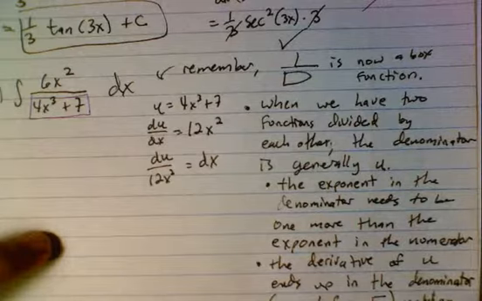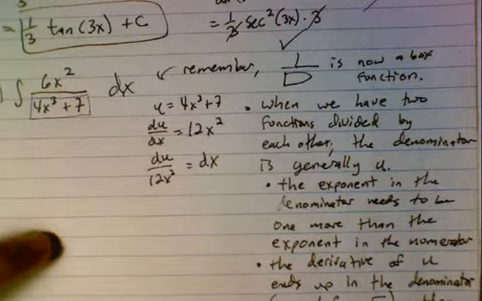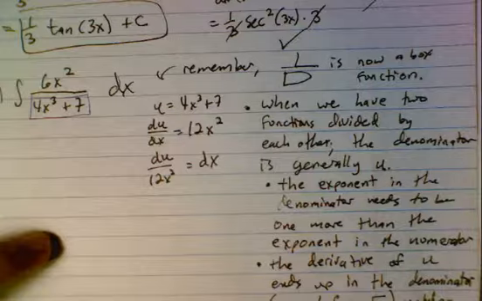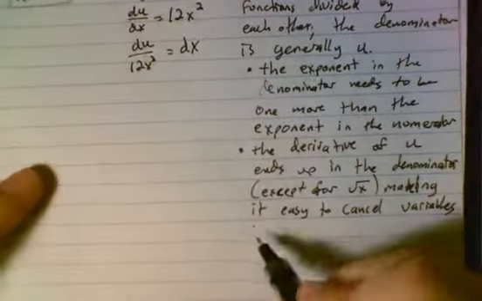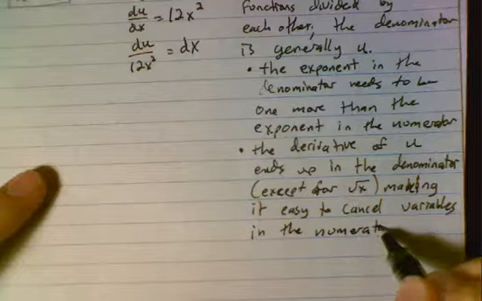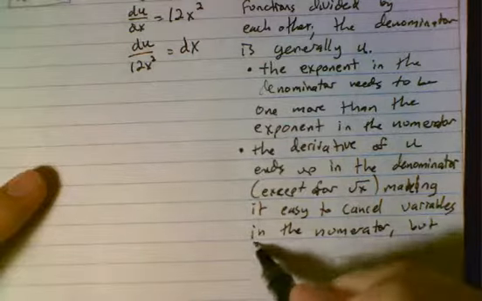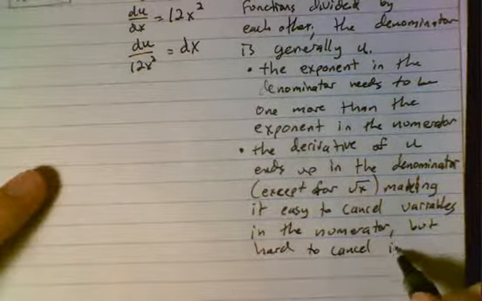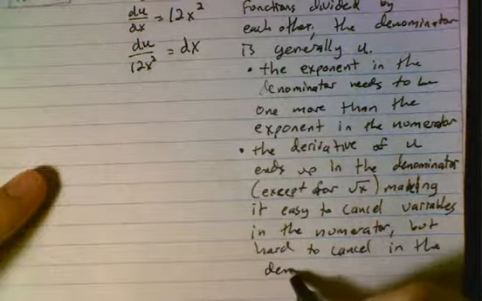Making it easy to cancel variables in the numerator, but hard to cancel in the denominator.